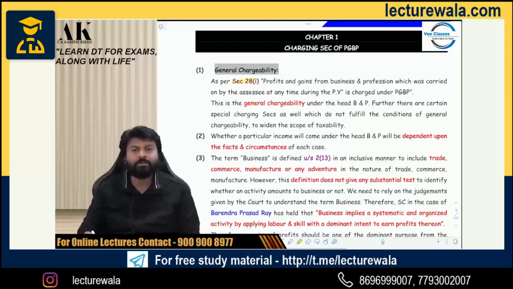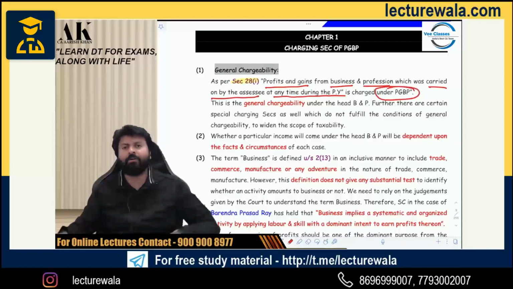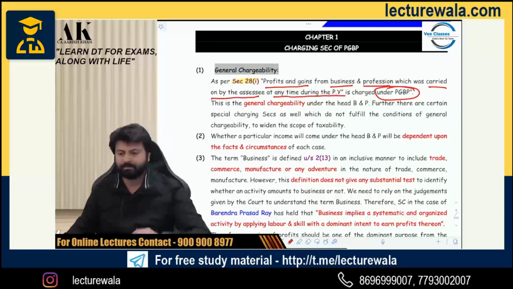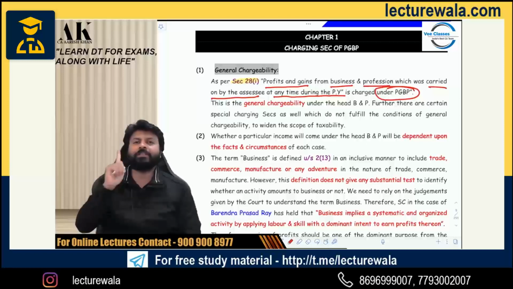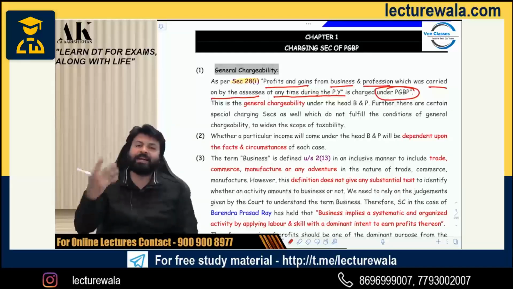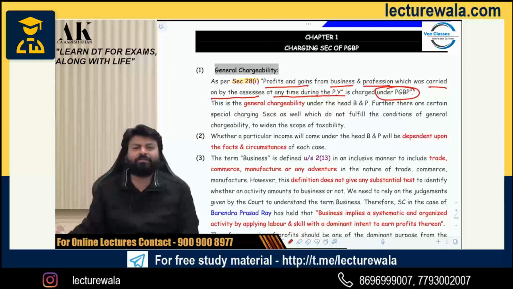As per section 28(1), general charge says that profits and gains from business or profession which was carried on by the assessee at any time during the previous year is charged under PGBP. So now our duty is to fulfill these two lines. If you fulfill these two lines, your income is covered under PGBP. That's it. Only this much you have to fulfill.